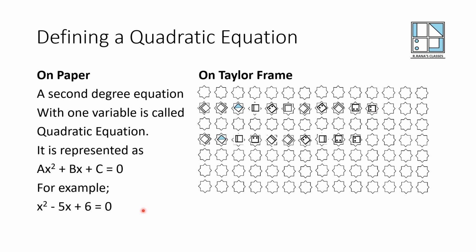The example we are considering is x raised to power 2, x squared minus 5x plus 6 is equal to 0. All the normal symbols can represent a quadratic equation on Taylor frame.